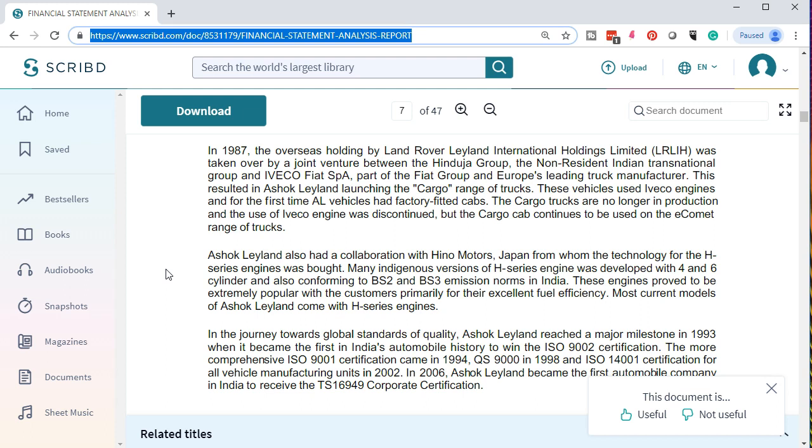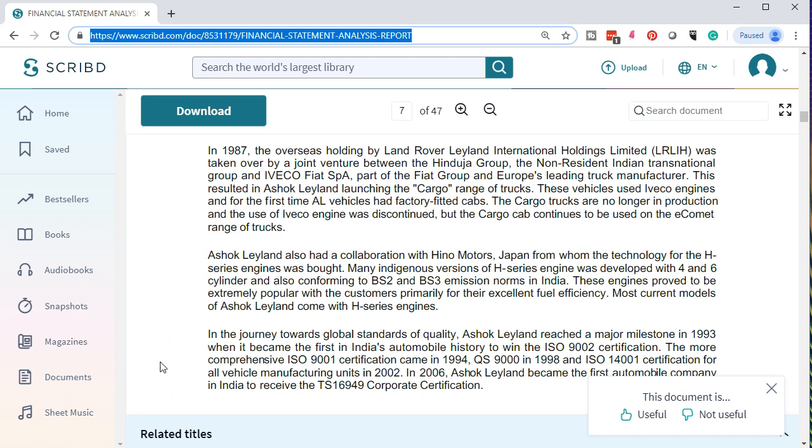This resulted in Ashok Leyland launching the Cargo range of trucks. These vehicles used Iveco engines, and for the first time, AL vehicles had factory-fitted cabs. The Cargo trucks are no longer in production, and the use of Iveco engines was discontinued, but the Cargo cab continues to be used in the Comet range of trucks.